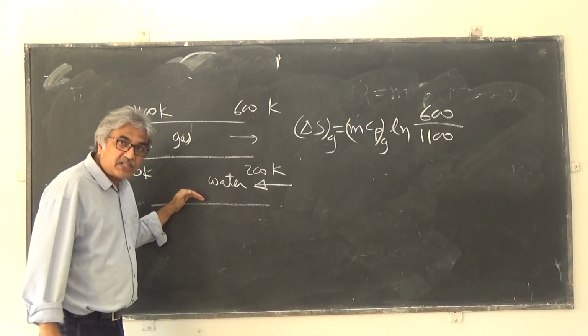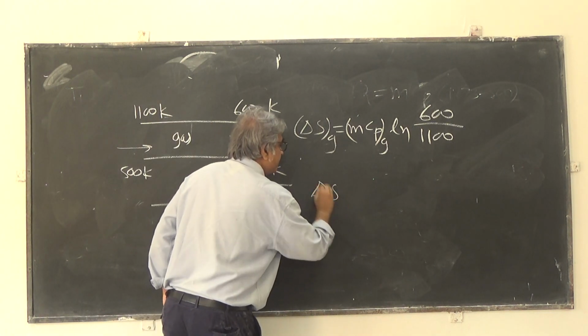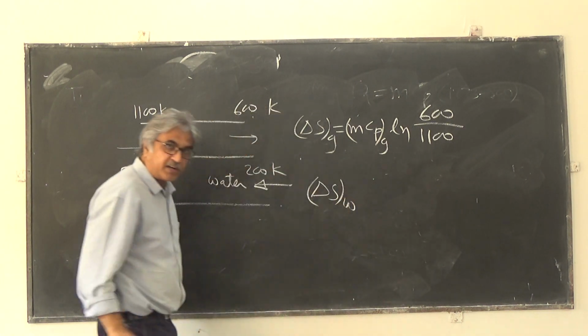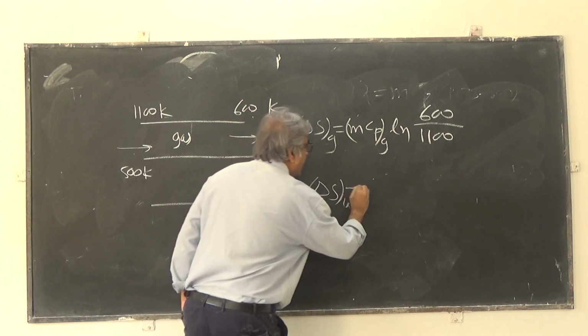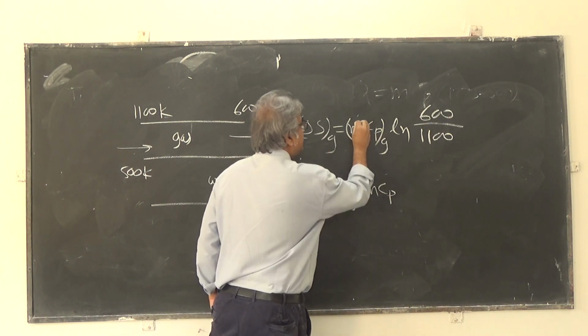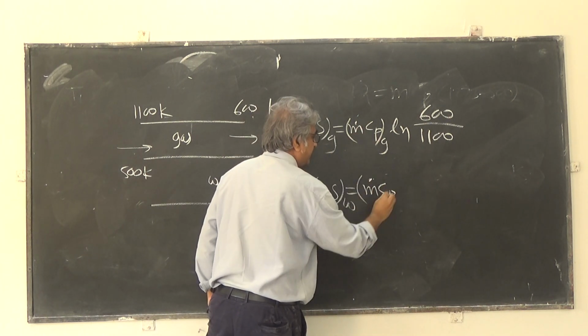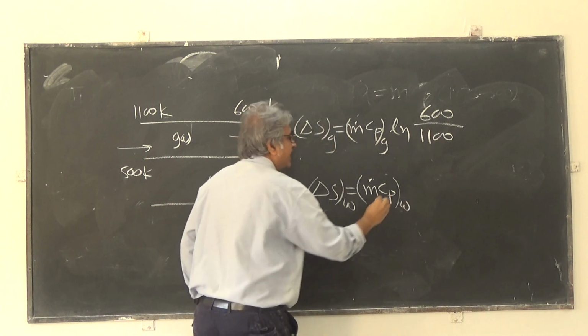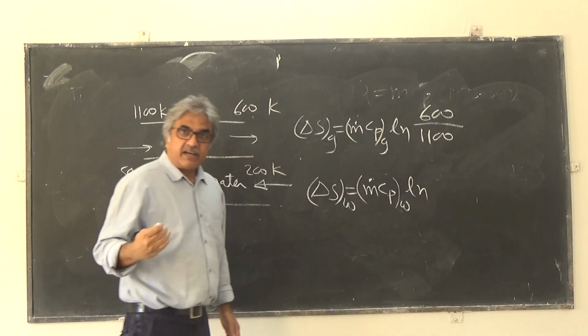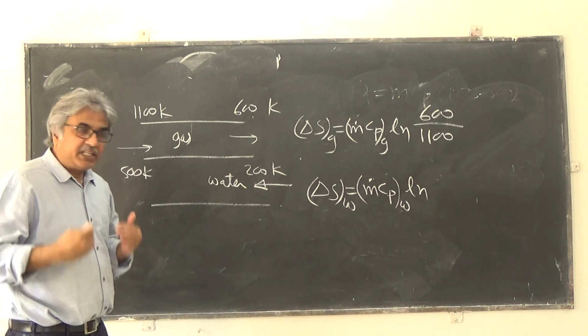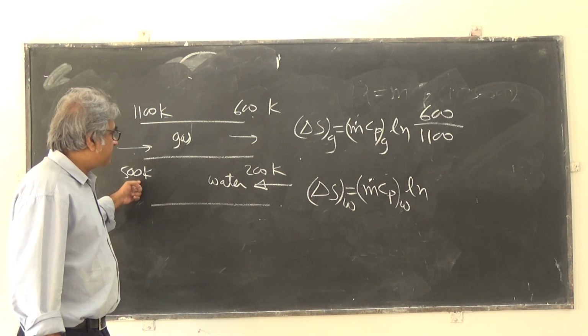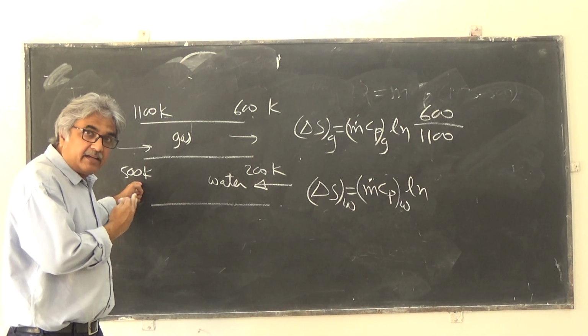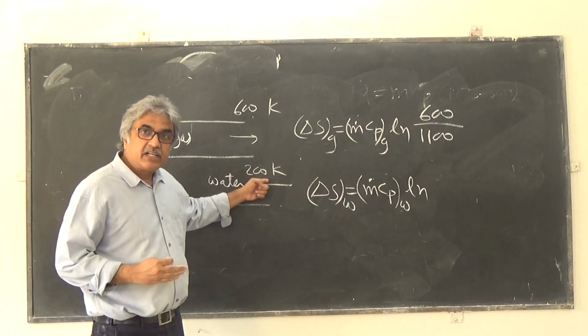What will be the entropy change of water? It will be delta S water, and that will be m Cp, let's say m dot because mass flow rate we can consider, of water ln T2 by T1, final temperature of water upon initial temperature. Final, as it leaves the heat exchanger, is 500, initially is 200.